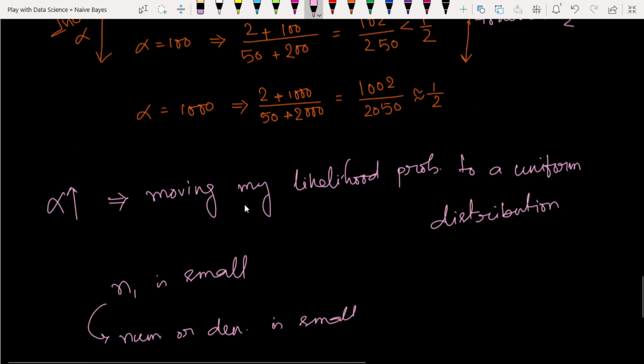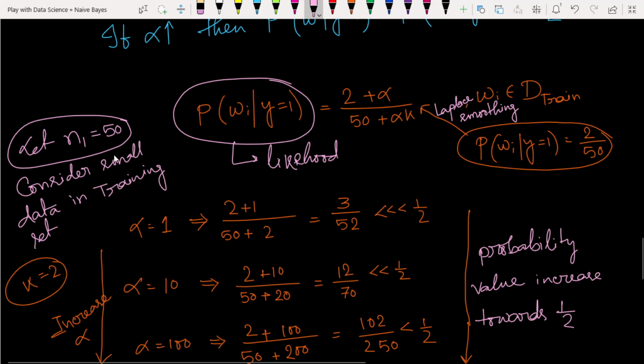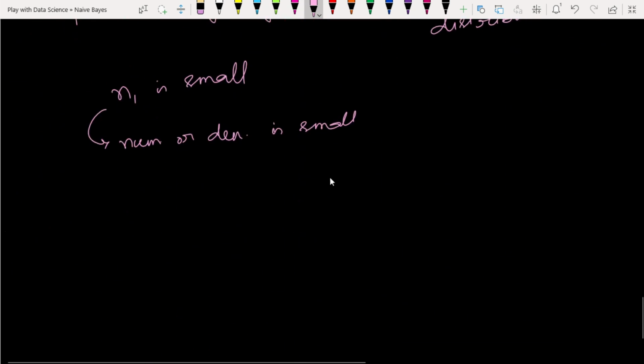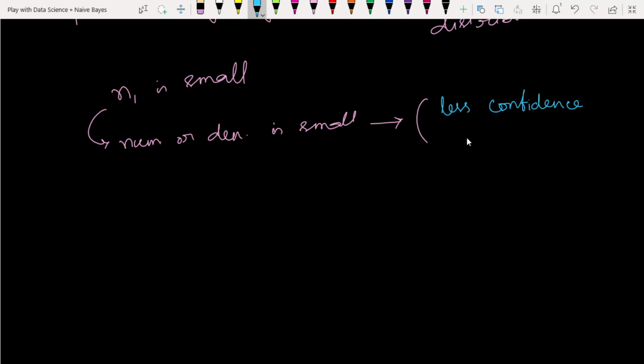Okay, we have seen this: if n1 is equal to 50 only, then the numerator is small as well as the denominator is small. In such cases we have less confidence.